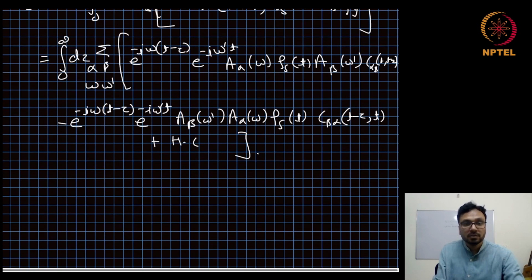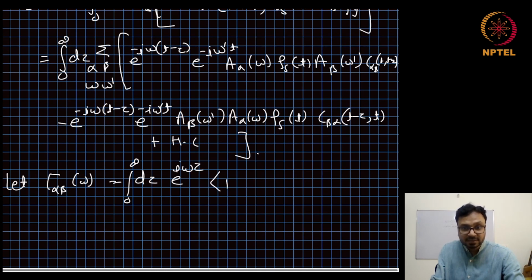Now, to make this expression look a little bit simpler, let us define capital gamma alpha beta of omega as 0 to infinity d tau exponential of I omega tau, the expectation value of b alpha of t, b beta of t minus tau.